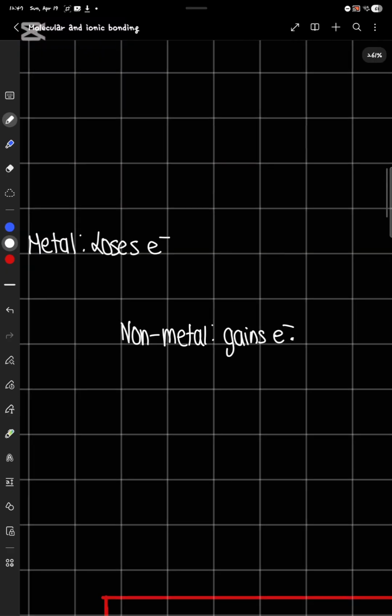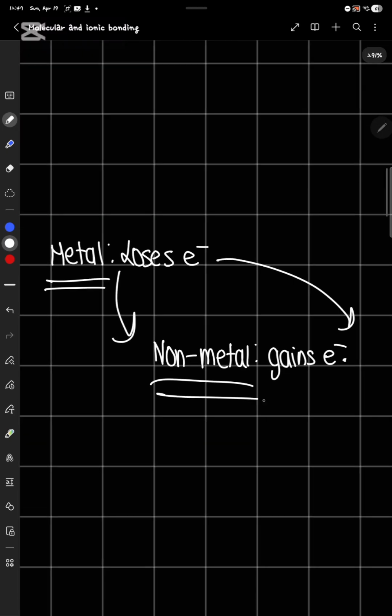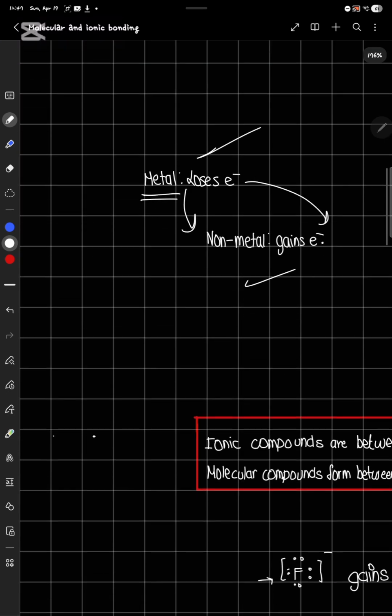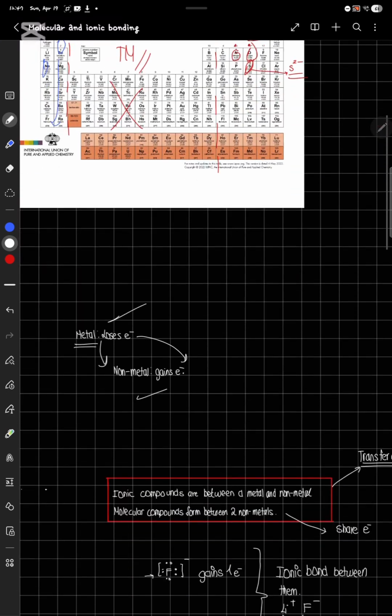Same thing here. This one wants to lose, this one wants to gain. The one that wants to lose just transfers electrons to the one that wants to gain. So the metal gives electrons to the non-metal, and both sides benefit because they both have a full shell or octet. That's why I said it's very important to understand these basics first before we go into this one.